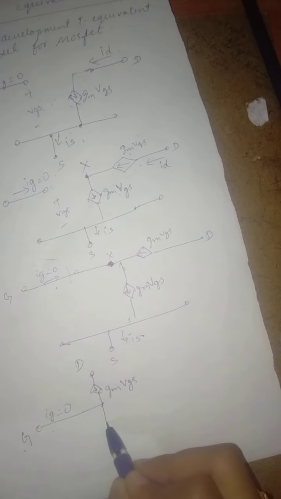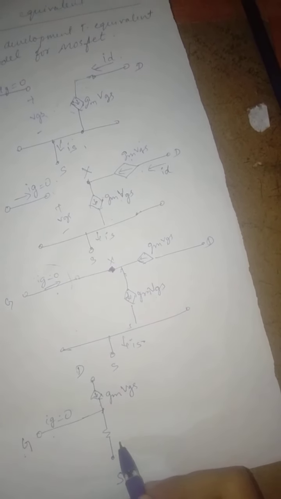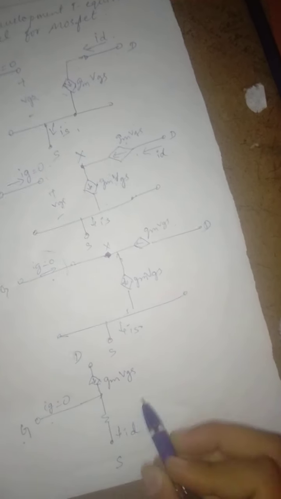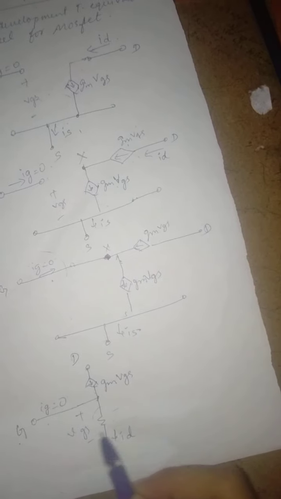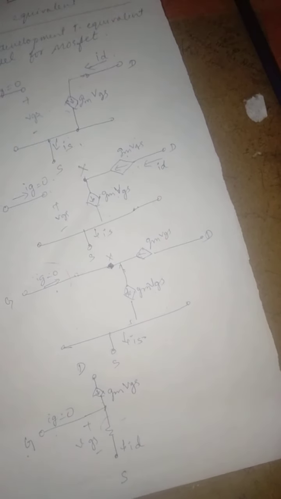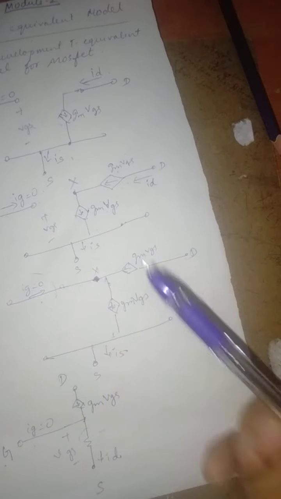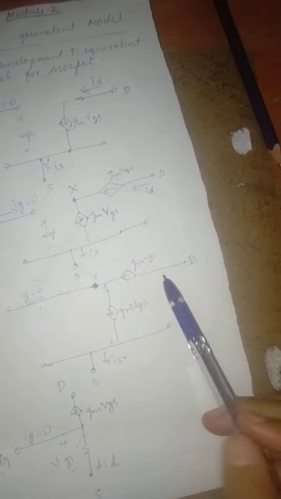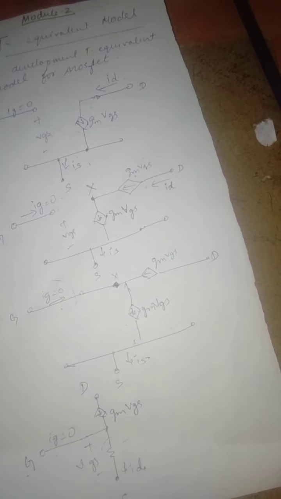So now this part we are just going to replace with a resistance. Before I tell what actually the value of this resistance is, let me give you an idea: we are going to just replace a controlled source, that was nothing but this one, with some resistance.